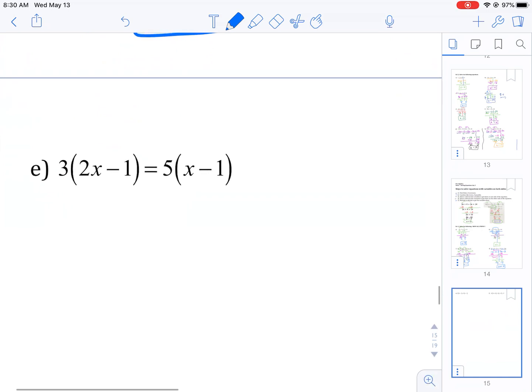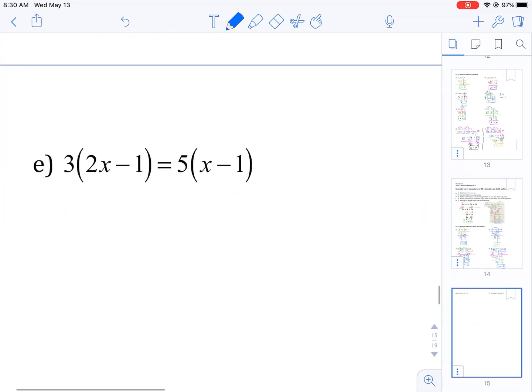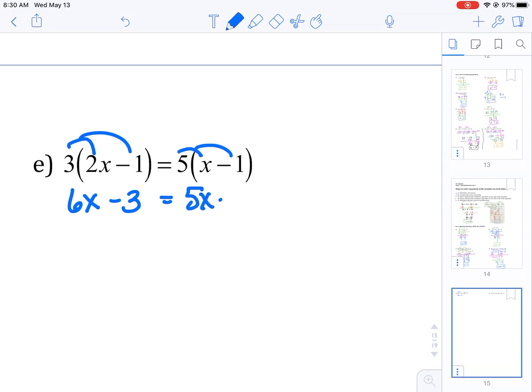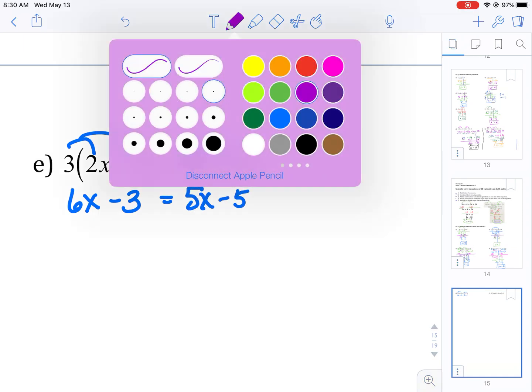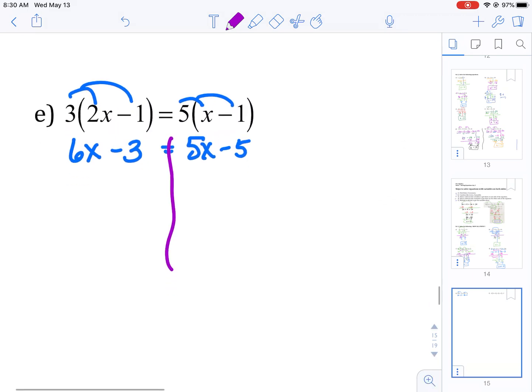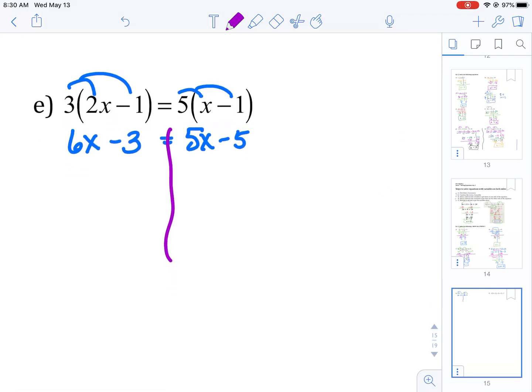All right, we got 2 more. These have some distributing in there, so that first step is to distribute. So that gives me 3 times 2 is 6x, 3 times negative 1 is negative 3, and on the right side I get a 5x minus 5. All right, so again, we can't cross that equal sign. There are no like terms. 6x and negative 3 aren't like terms, neither are 5x and 5.